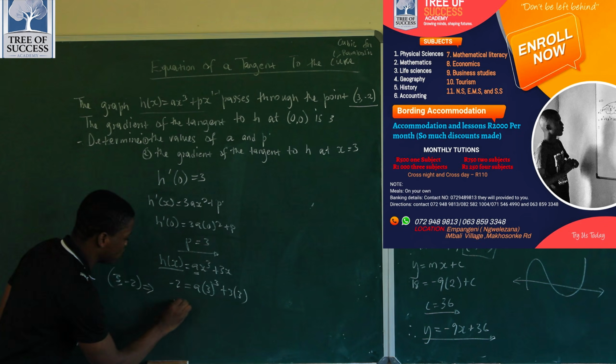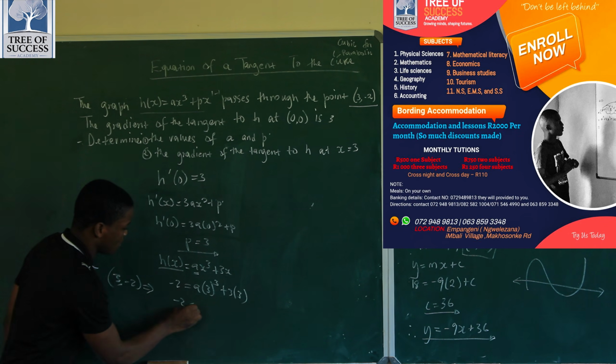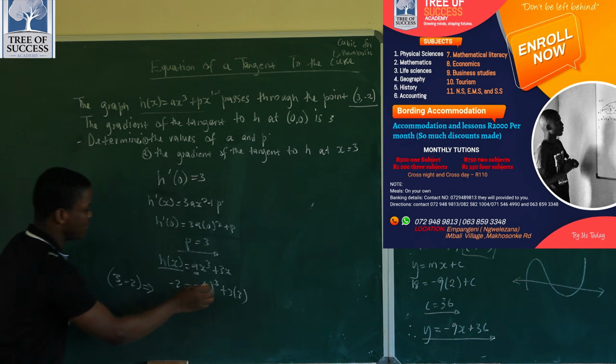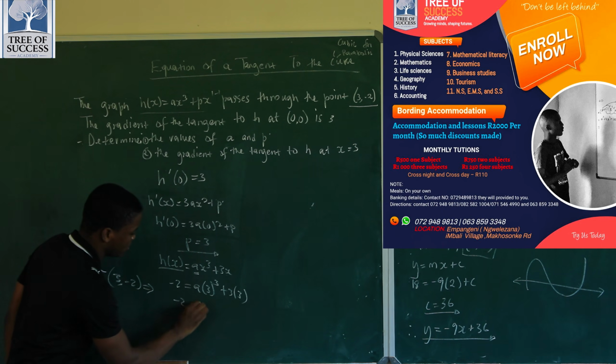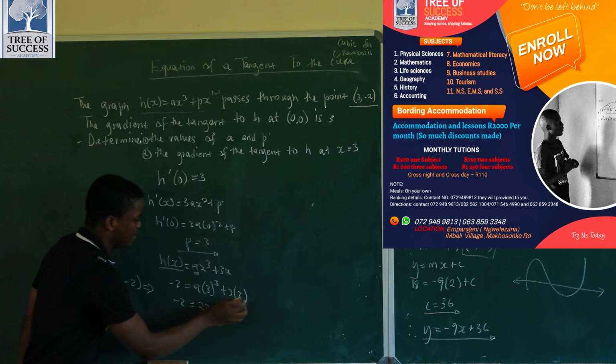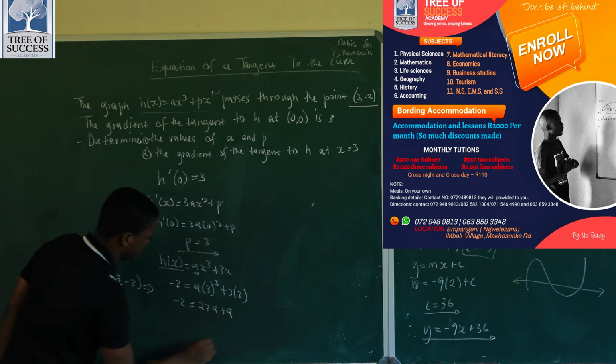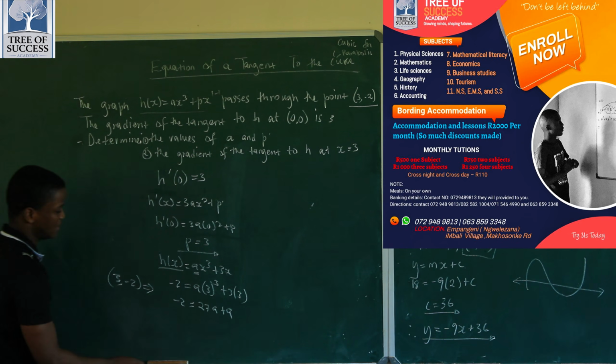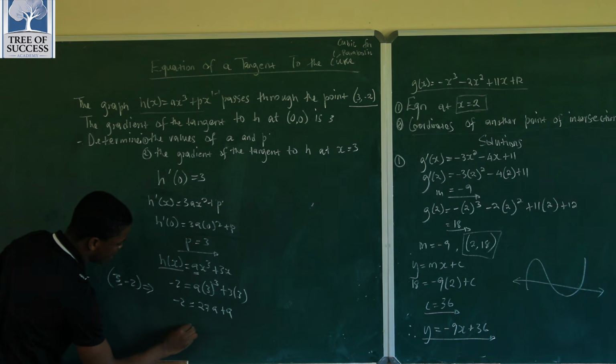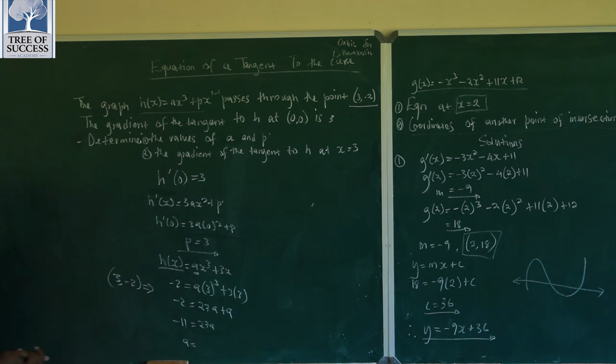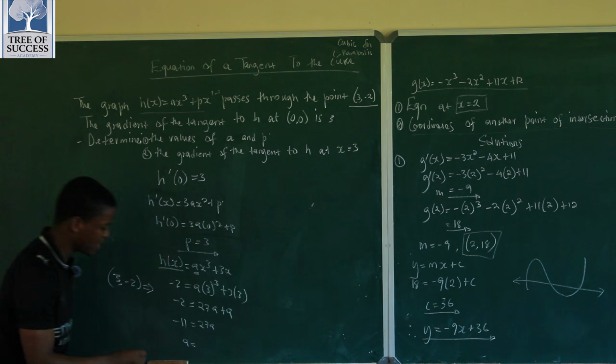All right, so let us substitute here. This is -2 equals, what is 3 cubed? 27a. 3 times 3 is plus 9. We take this one to this side. It's -11 equals 27a. Then our a will be -11 over 27. Can we simplify it further?